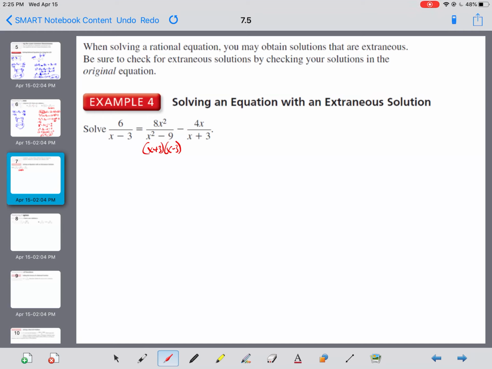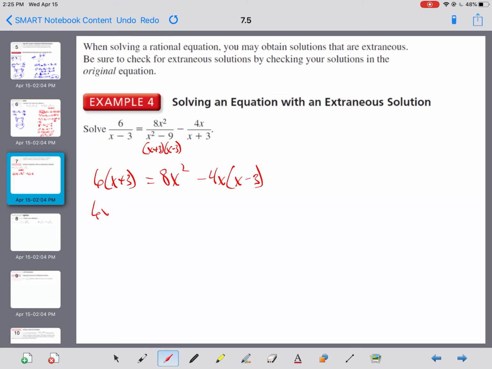All right, so this is x plus 3 and x minus 3. So the thing that they all need is that. So if I multiply x plus 3 and x minus 3 times every piece, this first one, the x minus 3 goes away and I get 6 times x plus 3 equals the 8x squared stays. We're going to drop both that time.